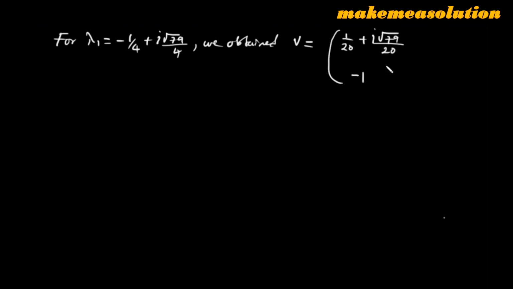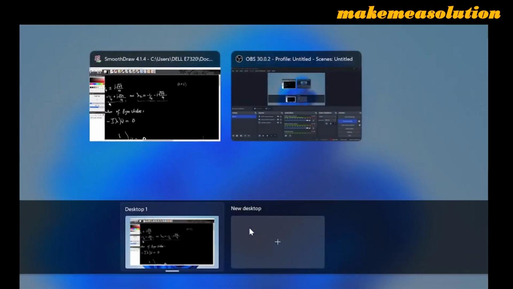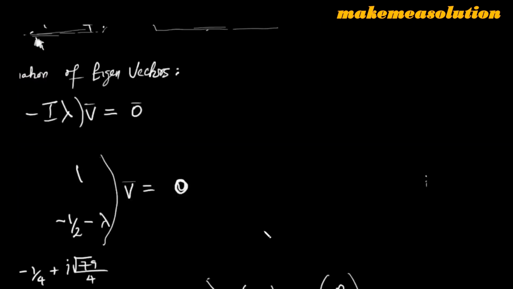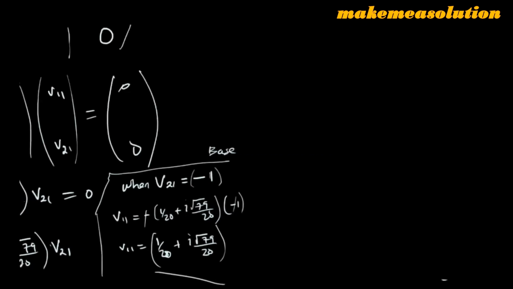Then we now have minus 1. Okay, so I believe this is what we obtained down here, as we can see. So we are going to now wrap up this problem like this.